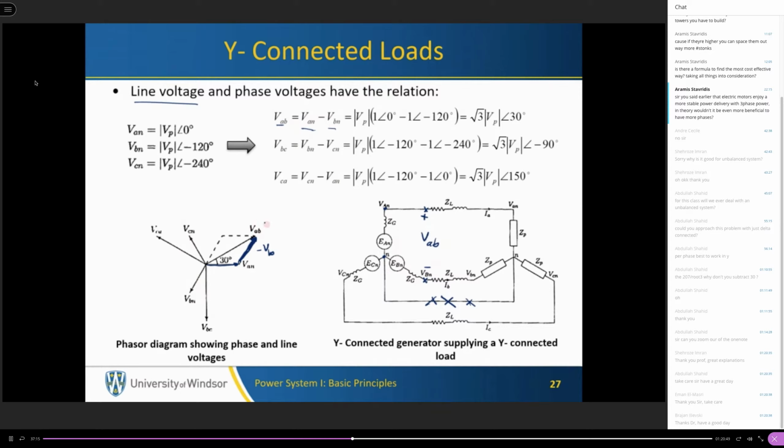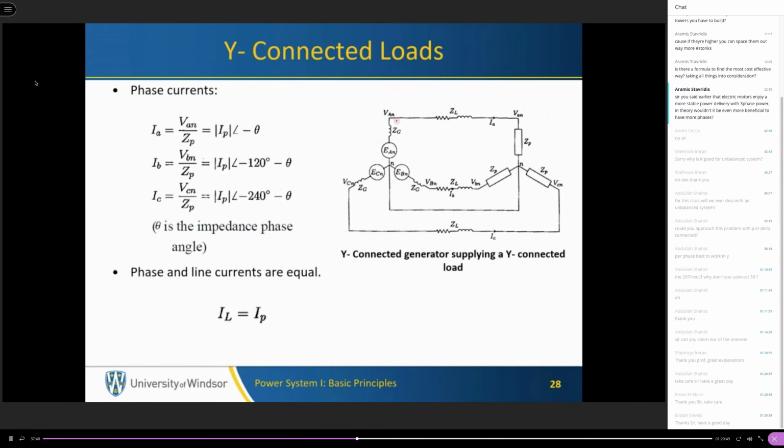As you can see, VAB has a higher magnitude and leads the phase voltage, which is VA, by 30 degrees. So that is why we multiply the positive sequence voltage by √3. This is the increase in the magnitude, and we consider a phase shift of 30 degrees, and same thing for the other phases.